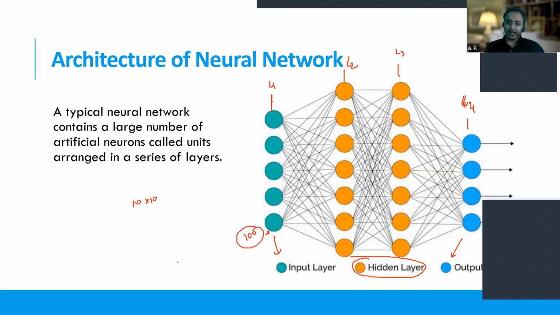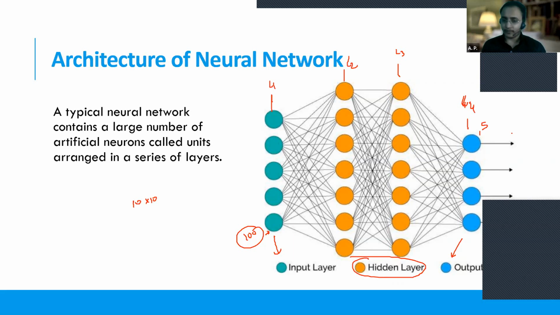And let's say that with that image, I want to do 5 class classification, so I will have 5 neurons in the output layer. So the number of neurons in the input layer is equal to the number of features, whereas the number of neurons in the output layer is equal to the number of labels. If I'm doing face recognition for 20 employees of my company, I will have 20 neurons in the output layer.